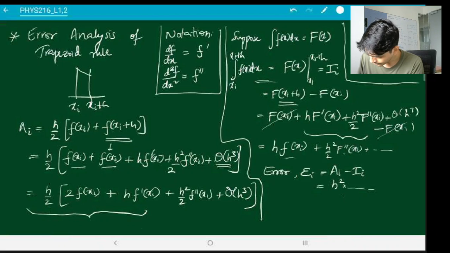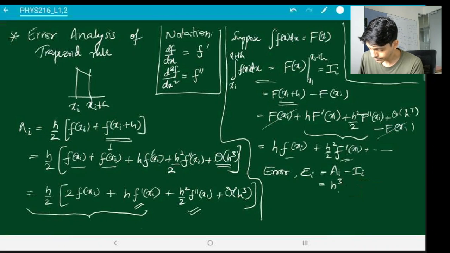So F double prime xi over here is just small f prime xi, and that also appears over here in the AI formula. So when I take the difference between AI and II, it is not only the h term that cancels out, it is also the h square terms that cancel out. So in the end, the only thing that remains is this h cube term.